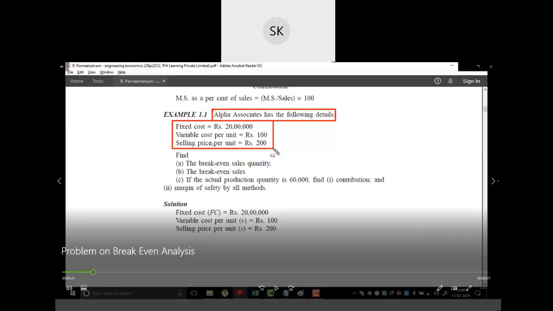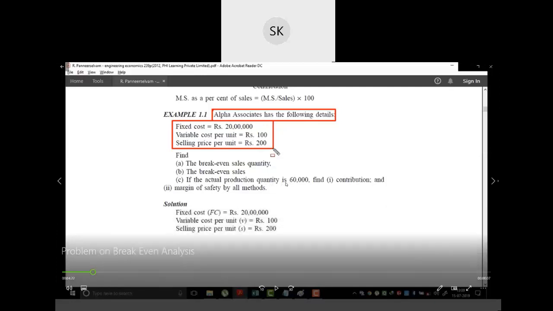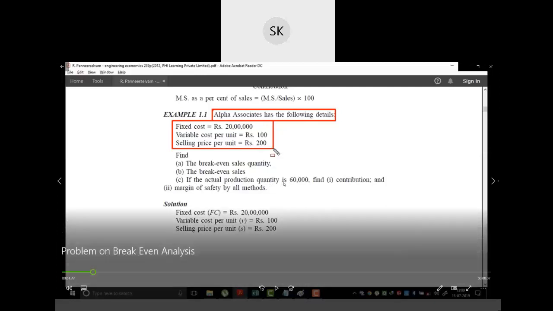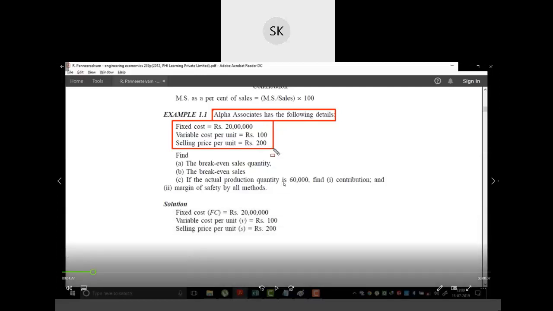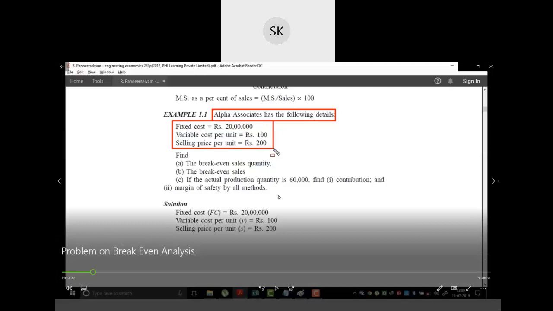Now let us discuss the margin of safety by two methods. Method 1 is sales minus break-even sales. Total sales is 60,000 into 200, that is the selling price per unit into total quantity, minus break-even sales, which is 40 lakhs.